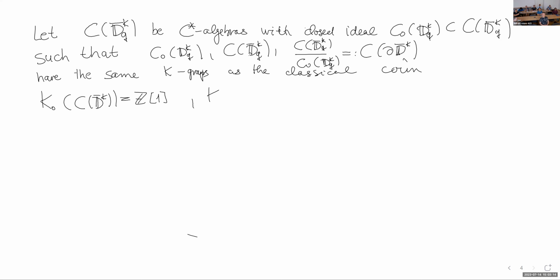K1 is 0. K1 of C, P, K is 0. So these are the middle terms, and then you have an isomorphism on the boundary terms. This is some C-star algebra also, right?